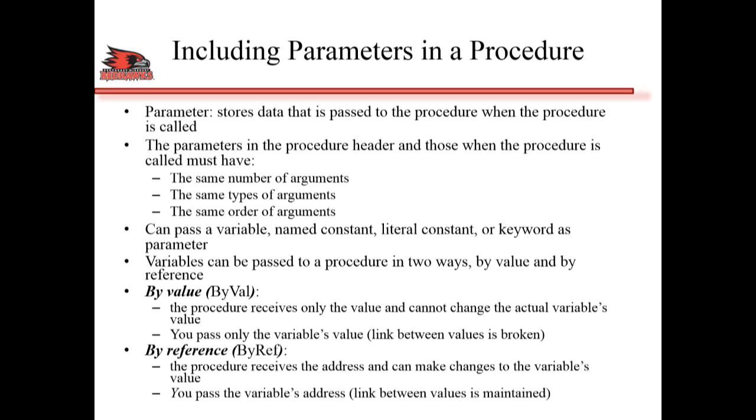When you're passing parameters to the procedure, the argument itself can be a variable, a constant, a keyword, a literal constant, etc. And there are two ways of passing these parameters. You can just give a value, or you can provide the reference, the memory address of the parameter. There's a difference between these two. When you're passing by value, the procedure receives only the value and cannot change the actual variable's value.